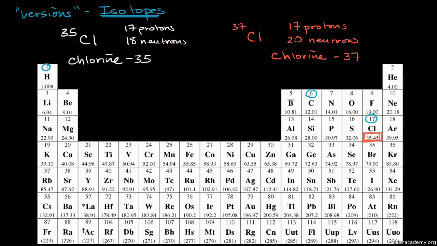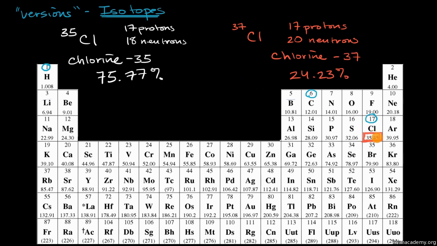So for example, in nature, 75.77% of the chlorine found is chlorine 35, and then the remaining 24.23% of the chlorine found is chlorine 37.